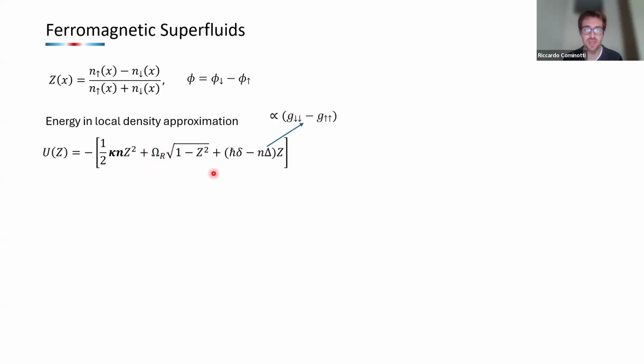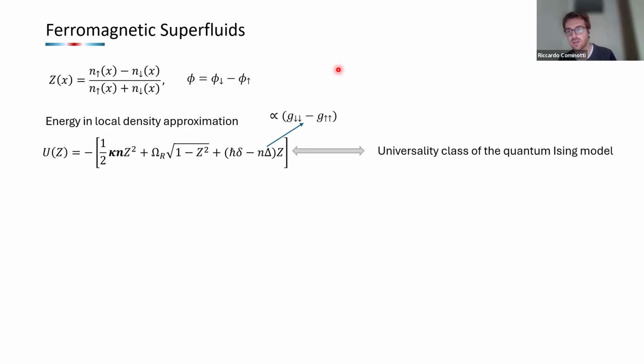We have the Rabi coupling, and we have also the detuning term, which actually is a combination of the detuning from atomic resonance, which we can tune by changing the bias field, and also an additional term which couples again to the density, which depends on the imbalance between the intraspecies coupling constants.